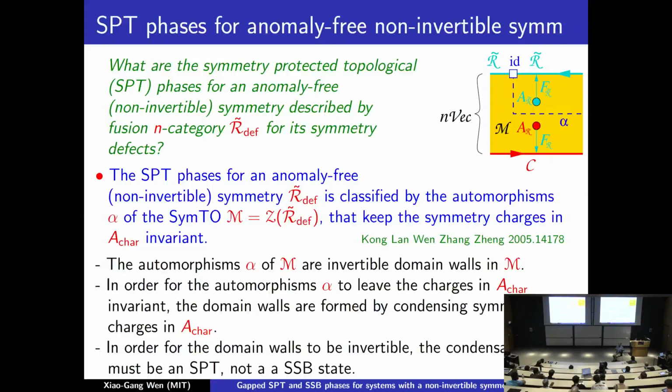But however, not every automorphism. It has to be an automorphism which keeps the symmetry unchanged. But what do we mean by keeping symmetry unchanged? It's related to this Lagrangian condensed algebra, which is formed by symmetry charges, whose condensation gives you this boundary fusion category describing the symmetry defects. So keeping symmetry unchanged means that this automorphism alpha does not act on the charges in this condensed algebra, so it fixes those anyons inside the condensed algebra.